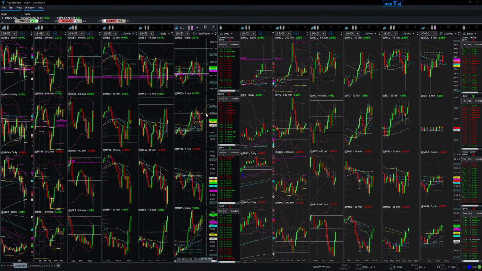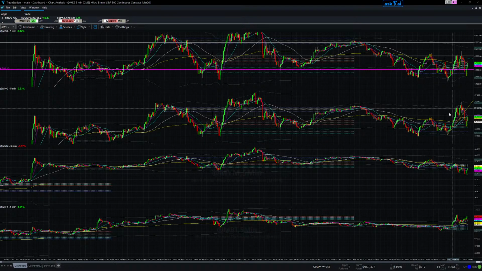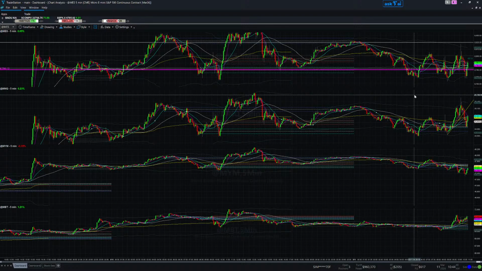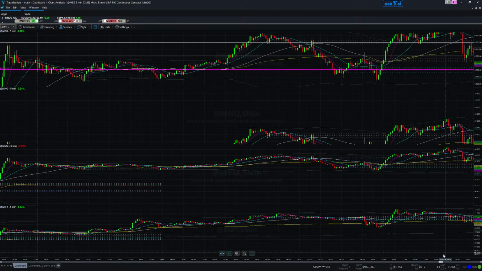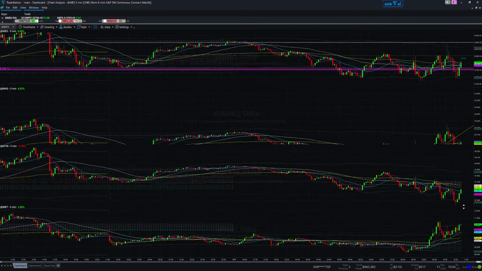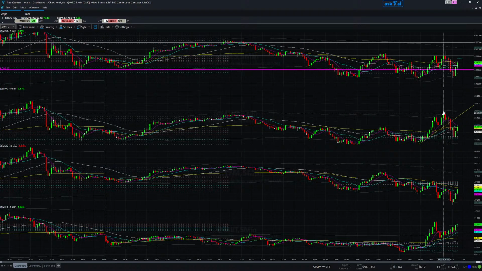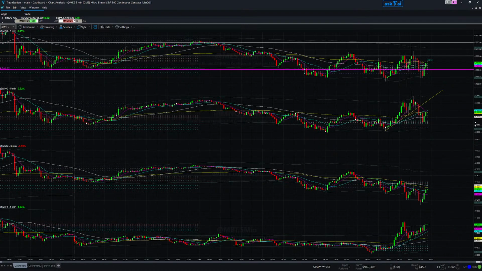All right? NASDAQ coming back up into an area there. 500. That's the origin of the breakdown. If you're looking at my screen, I'm back short on the NASDAQ.